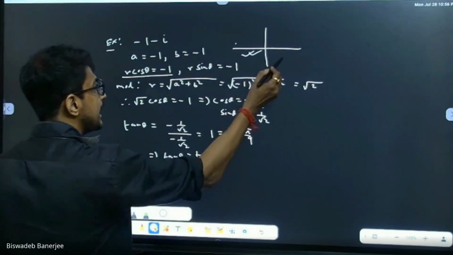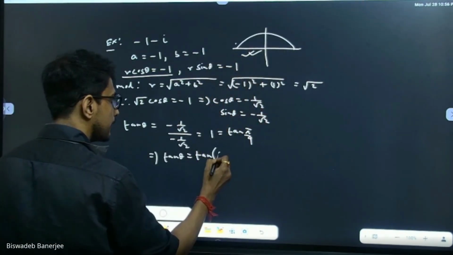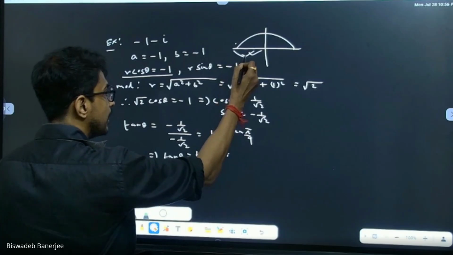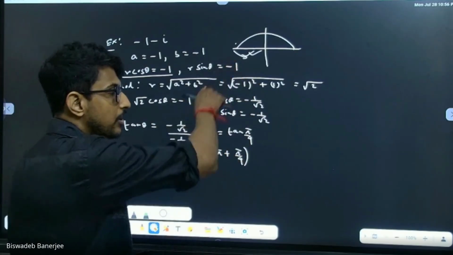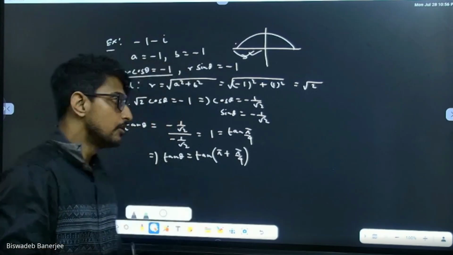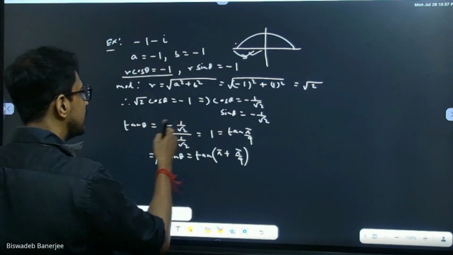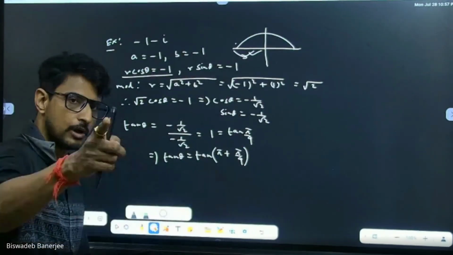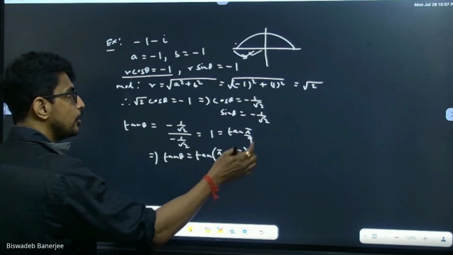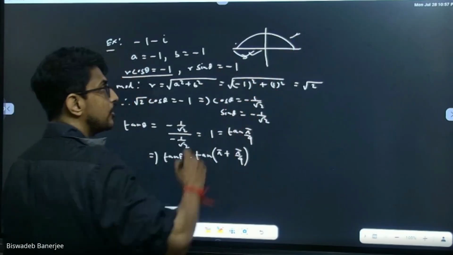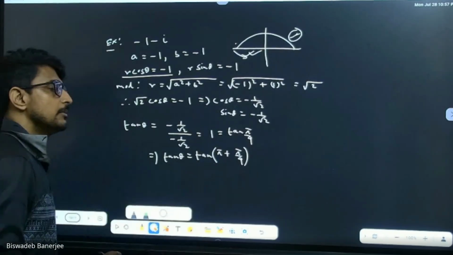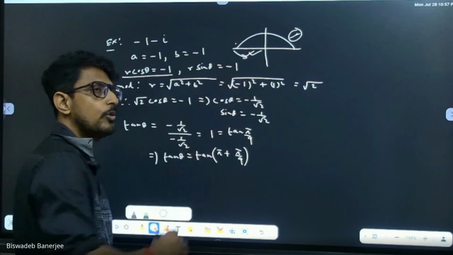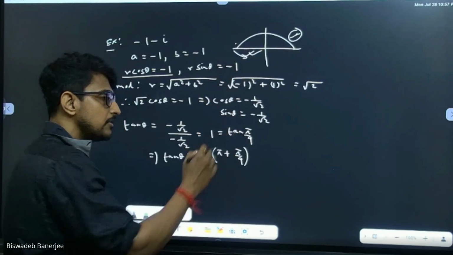This will be tan of pi plus pi by 4, because remember, our quadrant is the third quadrant. Theta equal to pi by 4 is in the first quadrant. But remember, our quadrant is the third quadrant, where both cos theta and sin theta are negative.